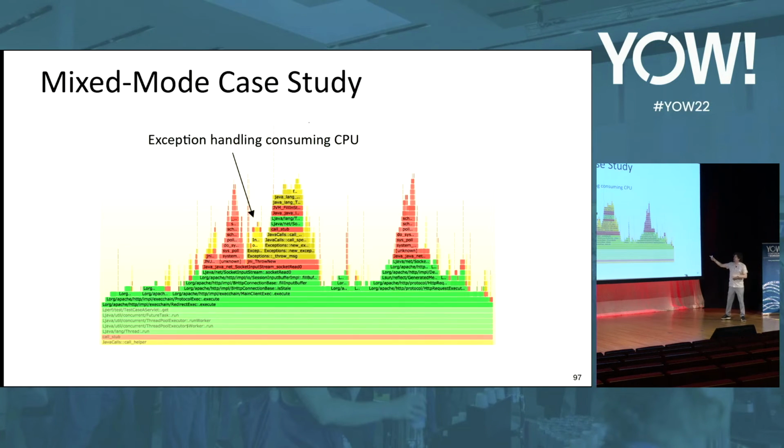Because it has to walk stack traces and do all this system-y stuff, it was consuming a lot of time that's not visible in the standard Java profilers. So it just stood out straight away in the mixed mode flame graph, and they're like, oh yeah, we can just cache that property, or we don't need it, or we just eliminate unnecessary work.